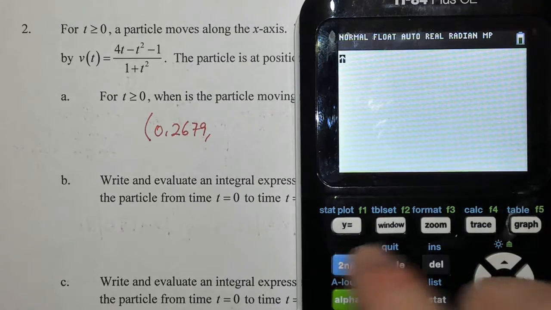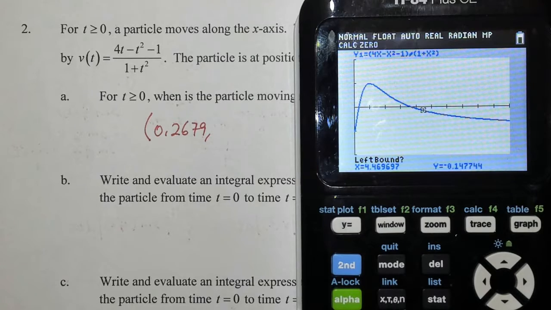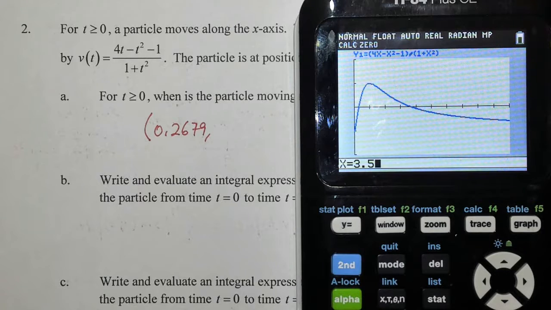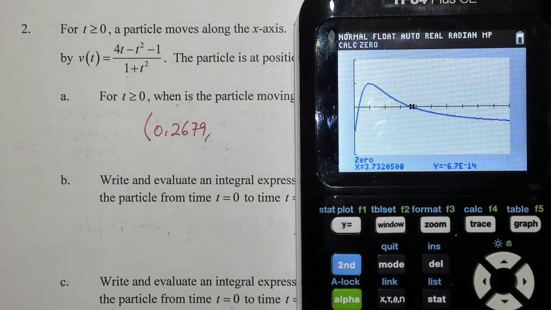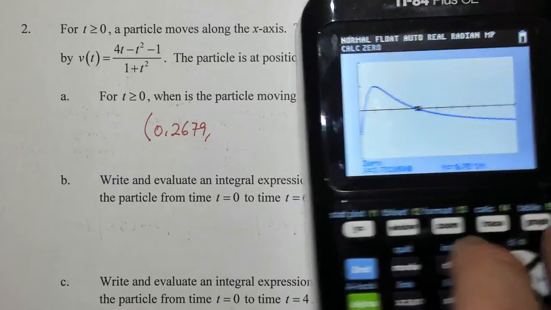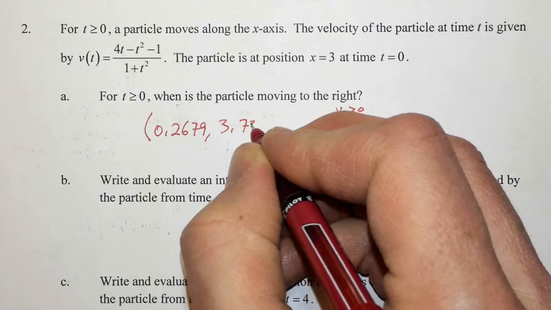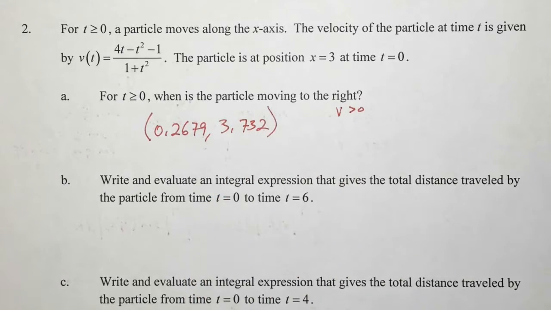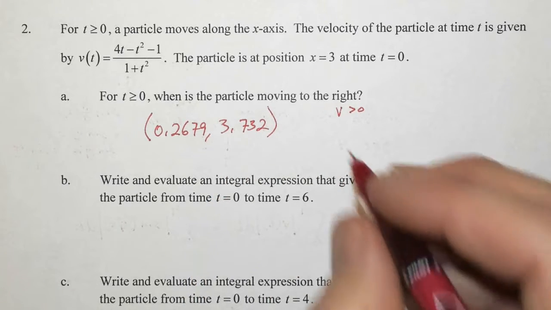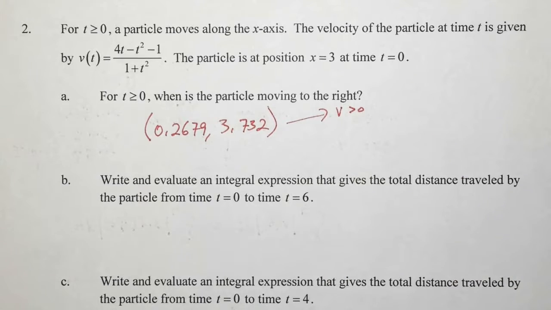Let's try that again: second trace, 0 finder, 3, 4, 3.5. When you put in a guess that's not in between, it doesn't like you. So there we see that it's 3.732, and on that interval, the particle is moving to the right because the velocity is positive.